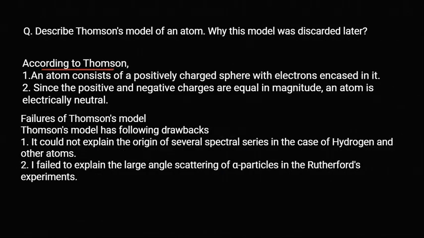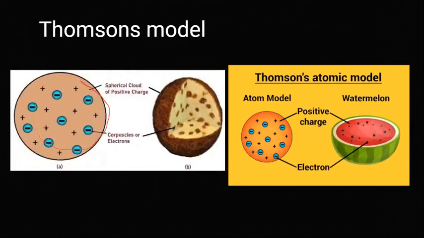So what we have discussed so far: according to Thomson, an atom consists of a positively charged sphere with electrons encased in it, or embedded in it. Since the positive and the negative charge are equal in magnitude, an atom is electrically neutral. As you can see in this picture, the sum of all these negatively charged particles is equal to all of this positive charge.